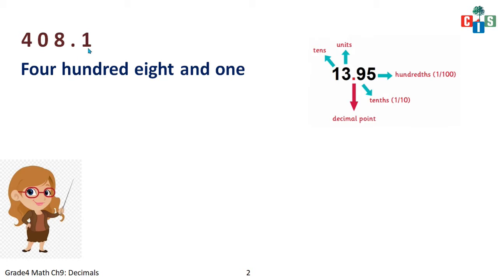Now for the second way, you have to have the place value chart. 1 is placed in which place? 1 is placed in the 10th place. Yes, after the decimal point it is the 10th place, so I will write here 10th. Clear? Now this number name is written as 408 and 1/10.